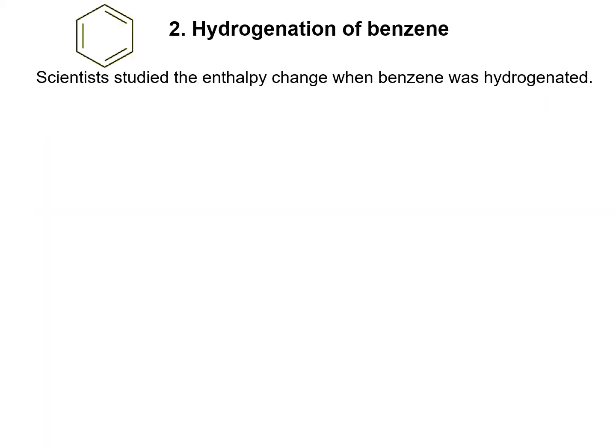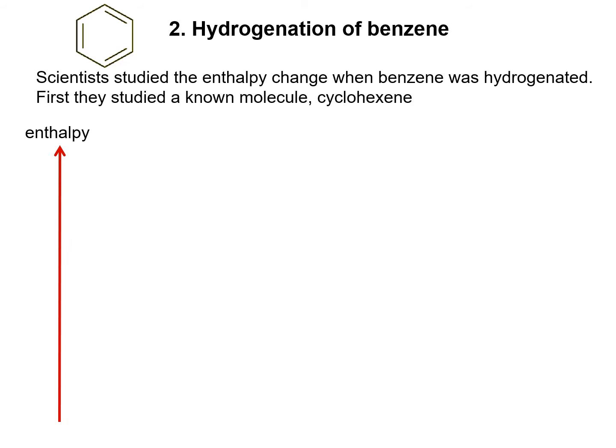The next piece of evidence we're looking at is hydrogenating benzene, so adding hydrogen to the benzene, breaking those double bonds. Scientists studied the energy changes involved, so they measured the enthalpy change. Now, they started by thinking about a molecule they already knew, cyclohexene.